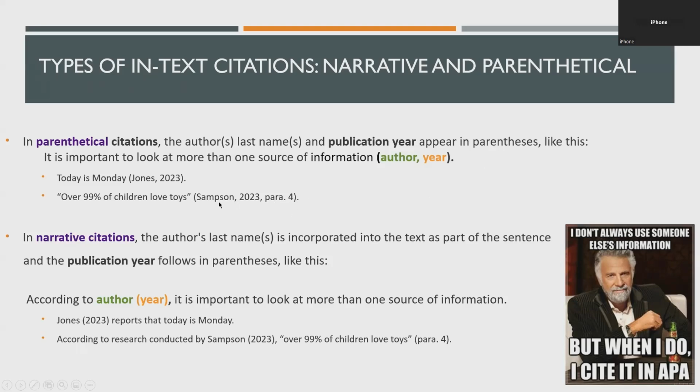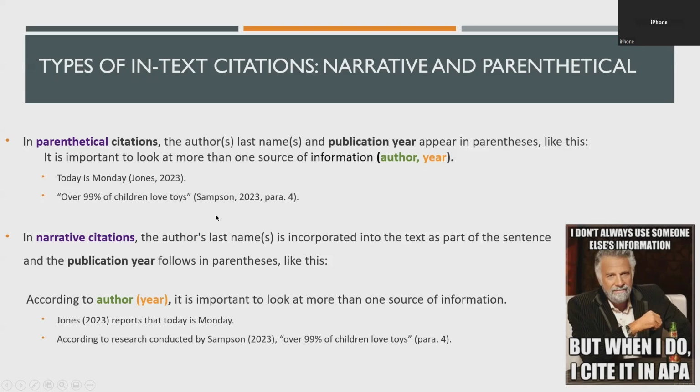So this is an in-text citation because it is within the text of the paper that I'm writing, but it's also in parentheses, so we call that a parenthetical citation. And as I've already stated, that's going to usually include the author's last name and the year of publication. If there isn't an author's name, you put the title of the source.